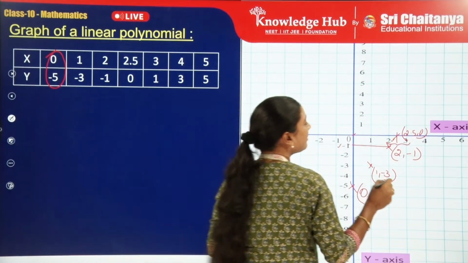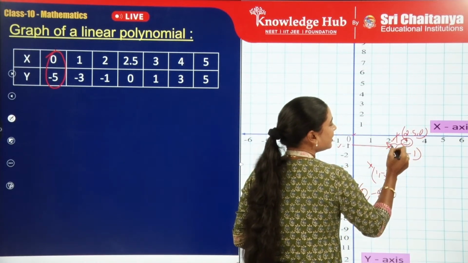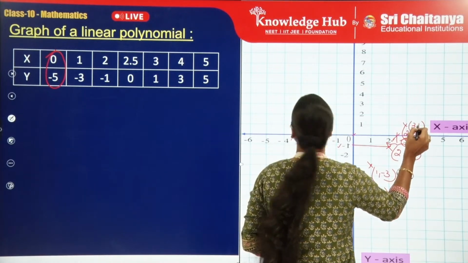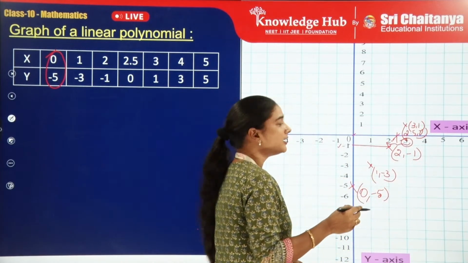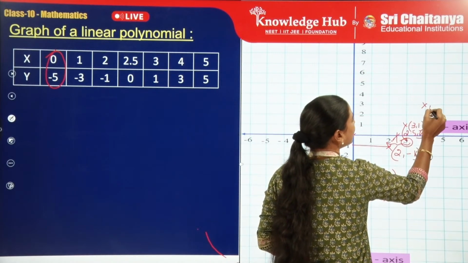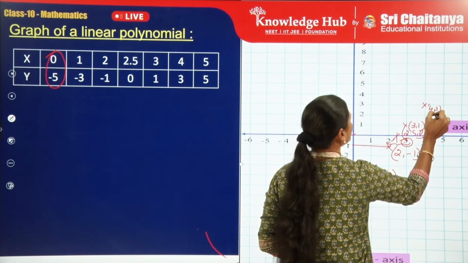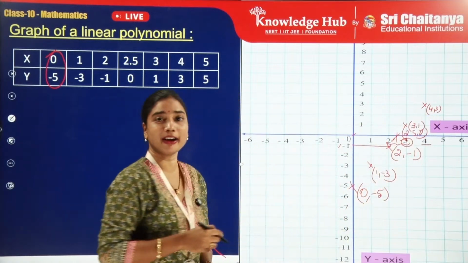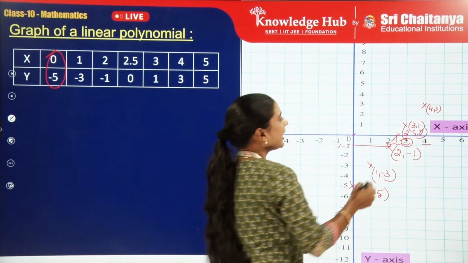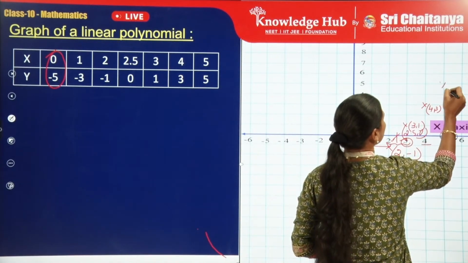And (3, 1): x-axis 3, y-axis 1, hence the point will be here. And (4, 3): x-axis 4 and y-axis 3, the point will lie here. And (5, 5): x coordinate is 5, y coordinate is also 5, hence the point lies here.